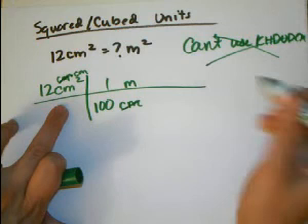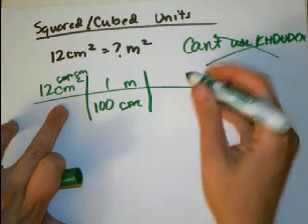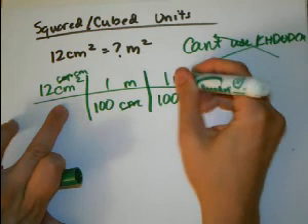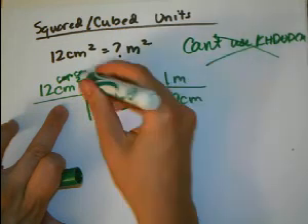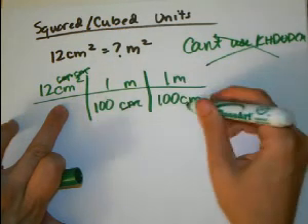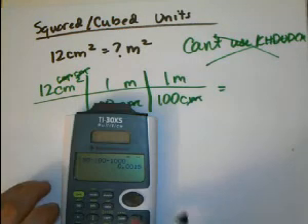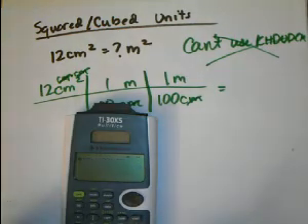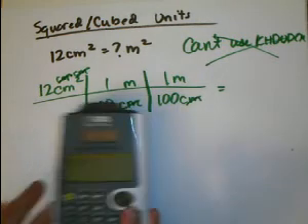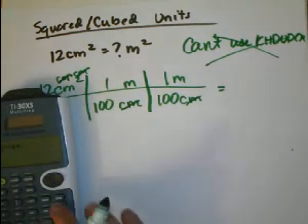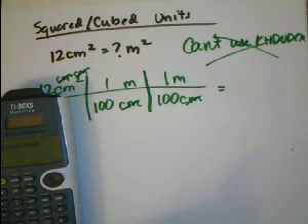So if we had 35 kilometers cubed equals question mark meters cubed. Instead of 100 centimeters, we go to meters, 1,000 meters. We'd have to do that same thing three times. So here, 35 times 1,000 times 1,000 times 1,000 would give us 3.5 times 10 to the 10th meters cubed.